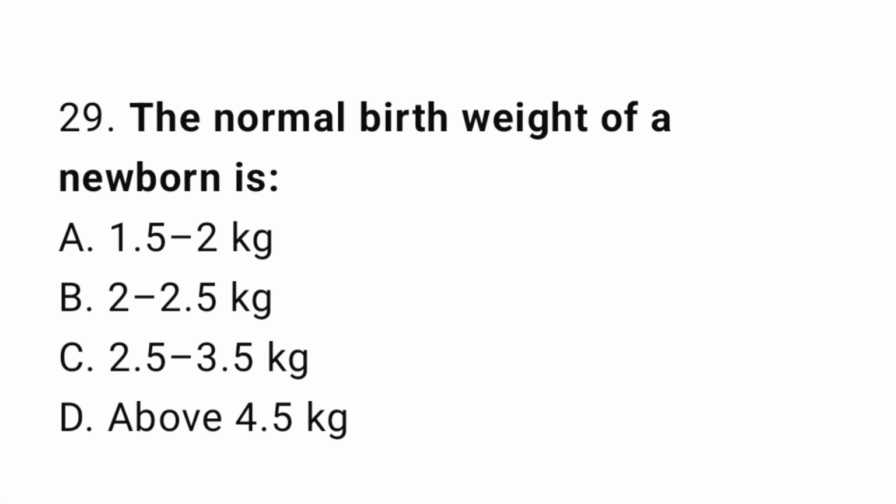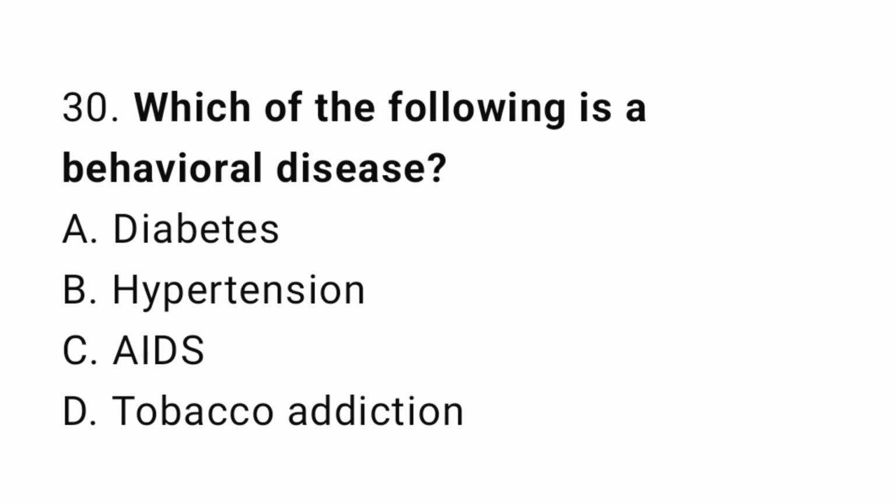Question number 29. The normal birth weight of a newborn is. The correct answer is C, 2.5 up to 3.5 kg. Question number 30. Which of the following is a behavioral disease?